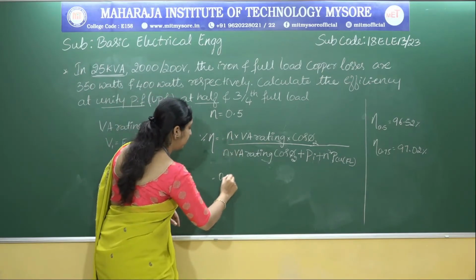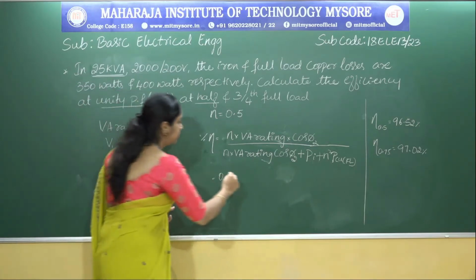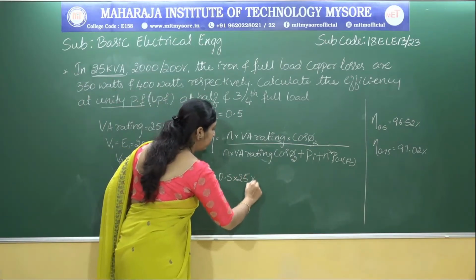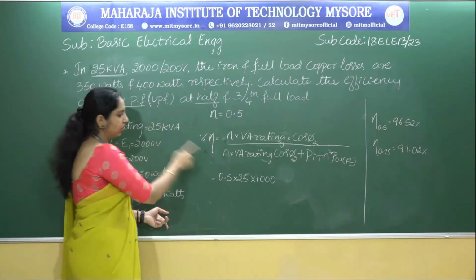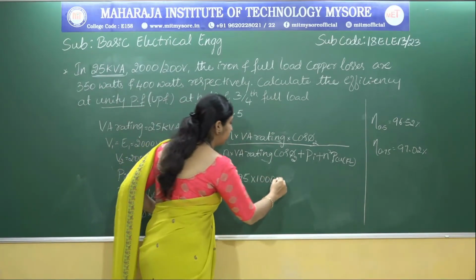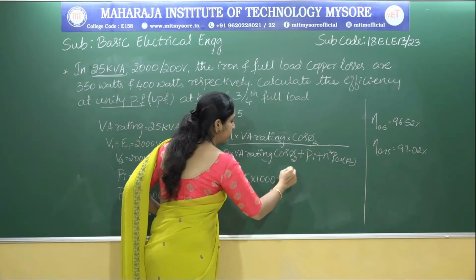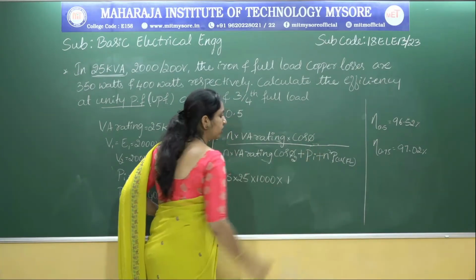So 0.5 into, what is the VA rating? The VA rating is given, which is 25 into 1000. Why is it 1000? Because we have k, and VA is the unit. So 25 into 1000 into cos phi, which is equal to 1. You need not write cos phi 2, you can consider only cos phi.